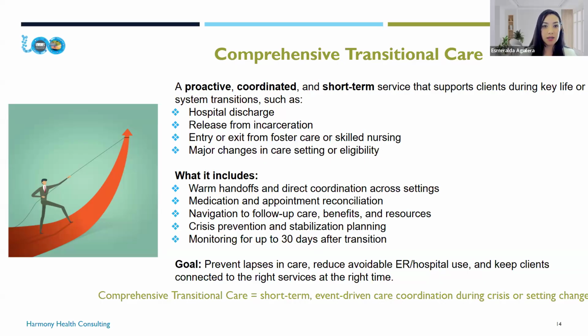At that point, it is you as the lead case manager to take the responsibility of being very proactive and reaching out. You're coordinating. This is where we communicate directly with the hospitals, the jails, the foster placements, skilled nursing, the shelters, any other programs that are providing some sort of short-term supports for them.